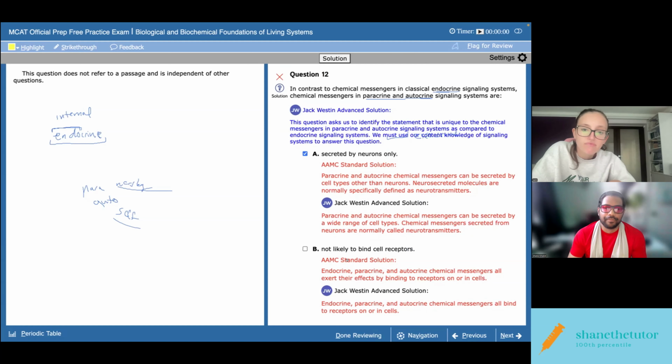And exocrine, the example would be the hepatic portal, right? But since you're saying endocrine and then paracrine and autocrine, they are not really mentioning anything about the neuron stuff.